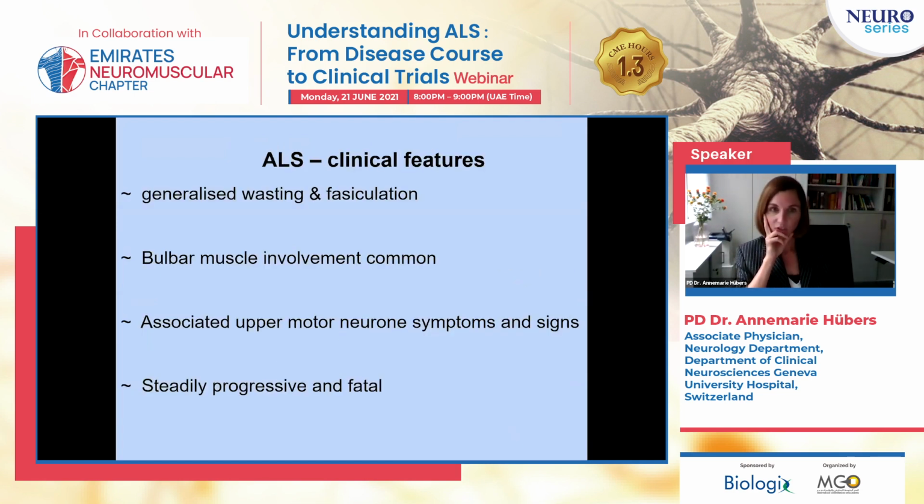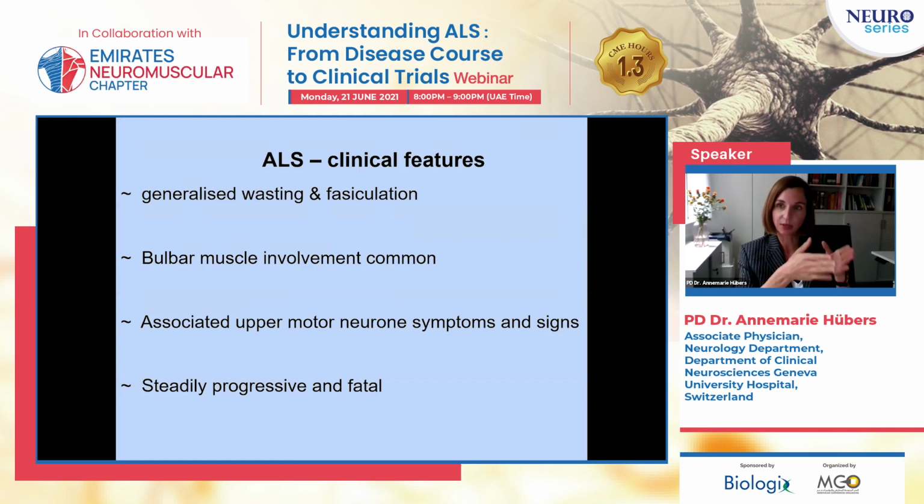Clinical features of ALS include generalized wasting and fasciculations of facial or limb muscles, and a bulbar involvement, that is, involvement of swallowing and tongue muscles, is common.